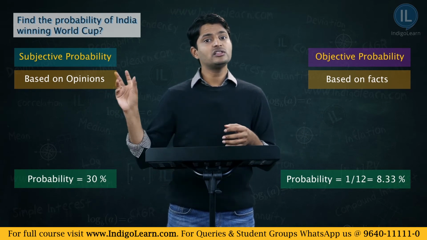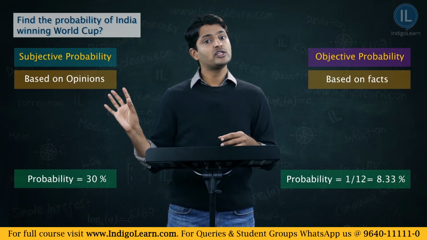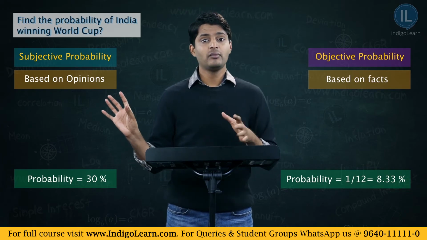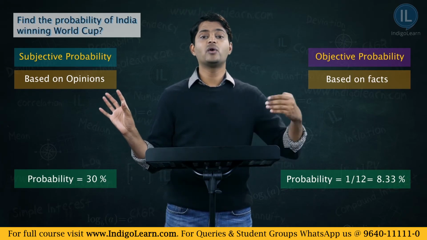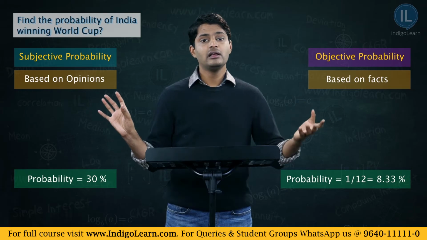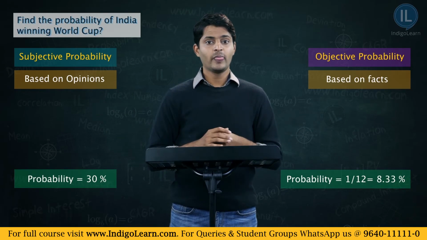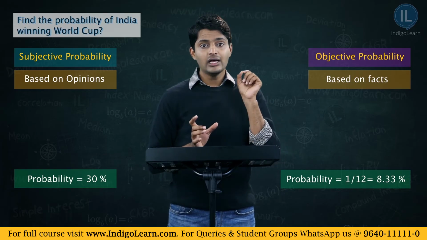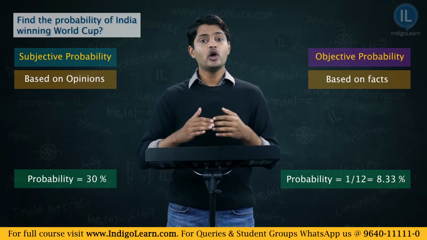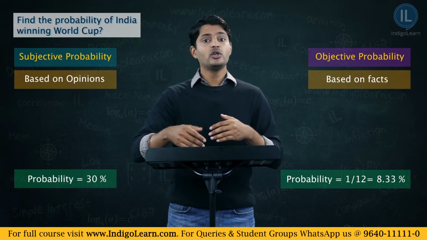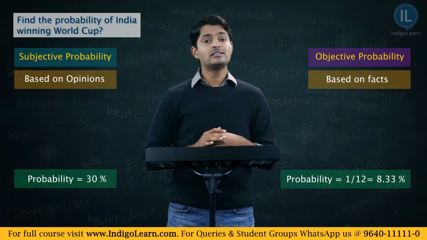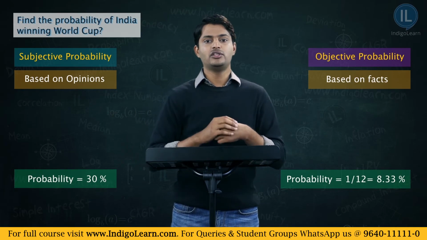So when you are using a number which is based on your own interpretation, based on the performance of the team over the last 2-3 seasons, you are referring to subjective probability. So subjective probability is that branch of probability where you are predicting the outcome based on your prior knowledge and which is subject to the opinion of the individual.